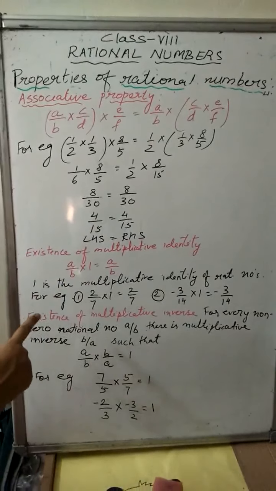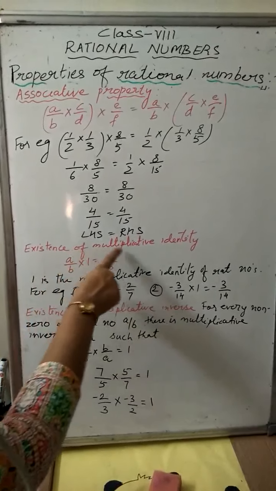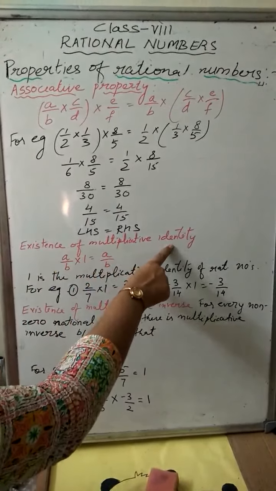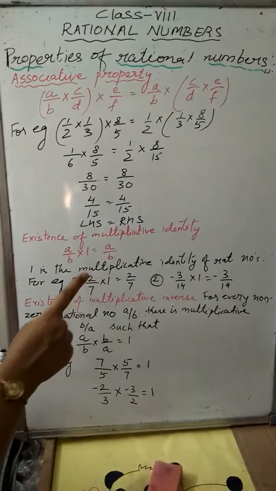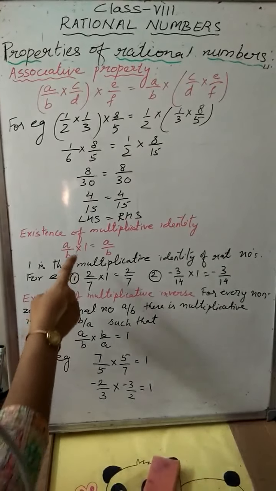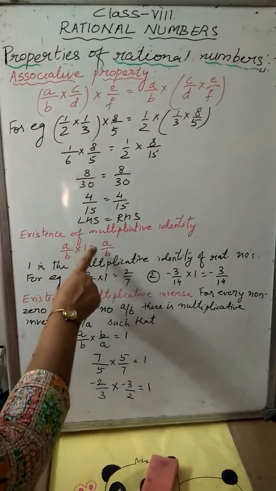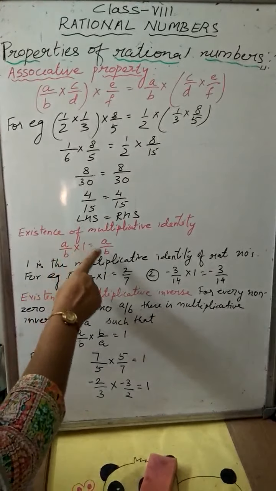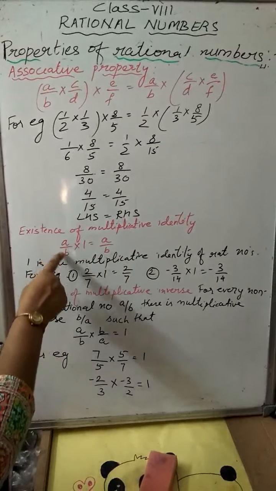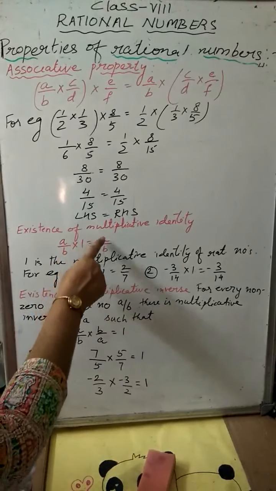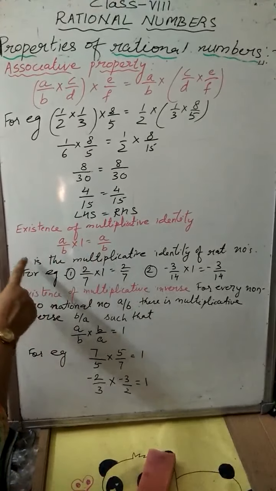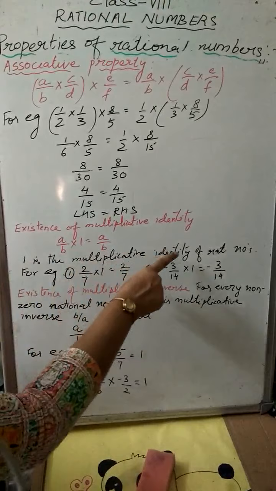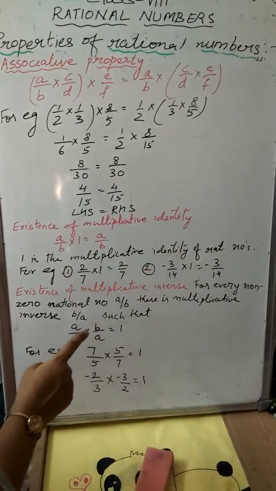So the next property is existence of multiplicative identity. For any rational number a by b, when you multiply by 1, the result will be the rational number itself. a by b into 1 is equal to a by b. So that means 1 is the multiplicative identity of rational numbers.